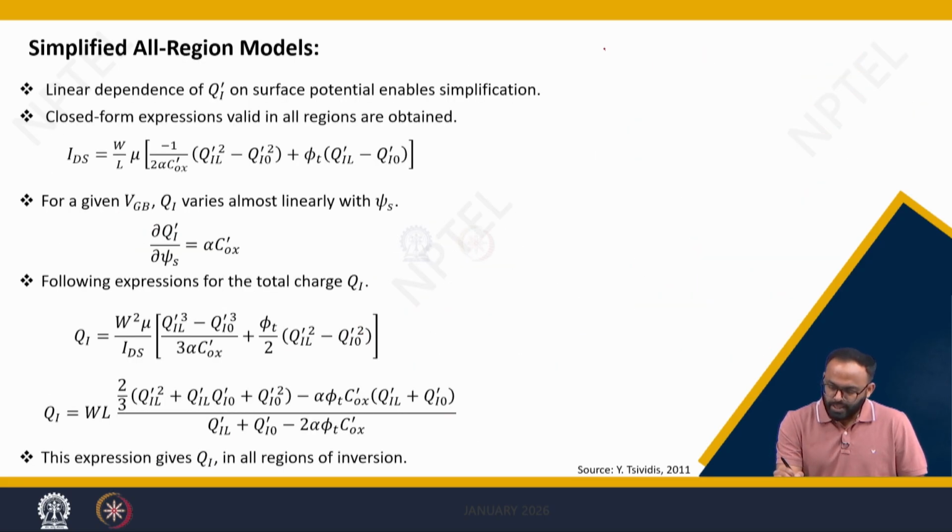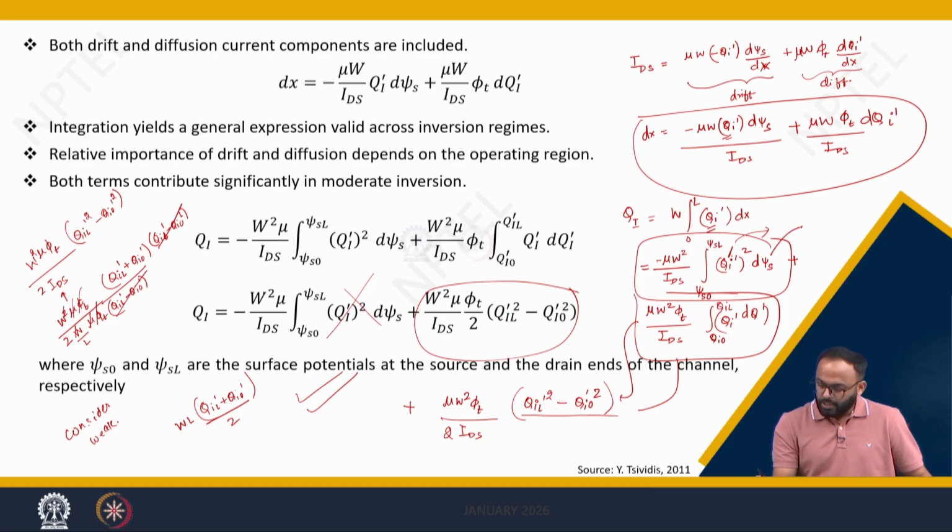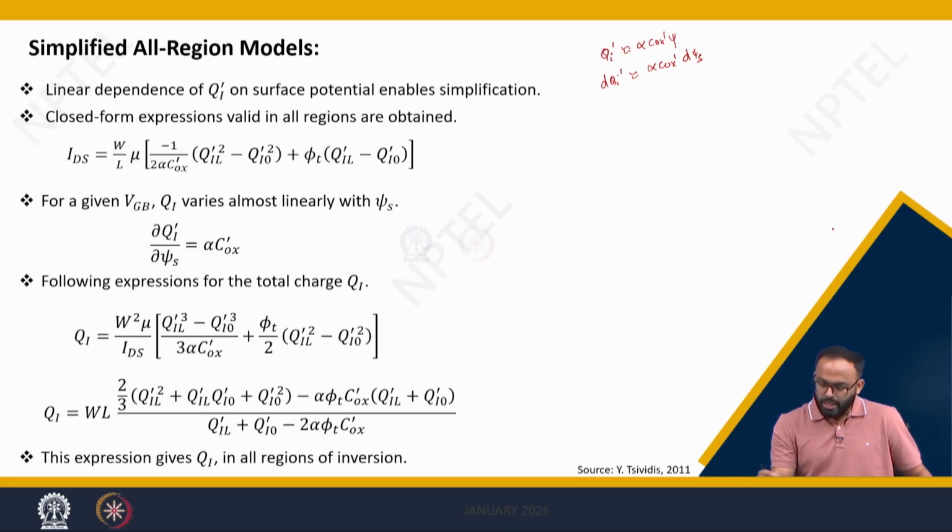You remember we said that the inversion charge can be linearized as alpha into Cox dash into psi. So dQi dash can be written as alpha into Cox dash into d psi s. So to get the changed variable of this integration, I can put this d psi s as dQi dash divided by alpha into Cox dash.